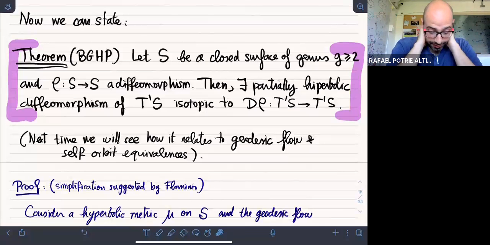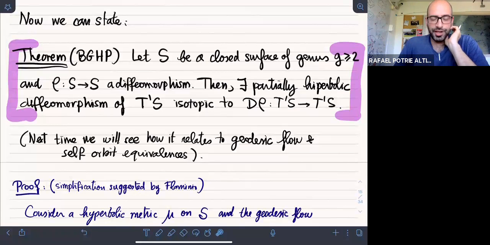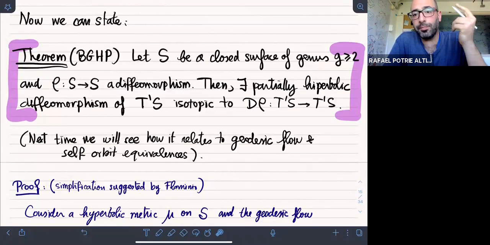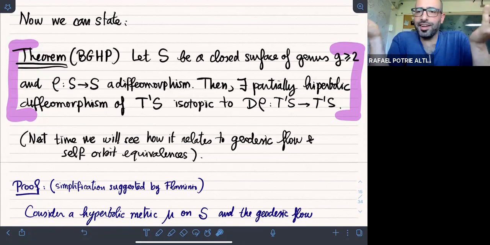No. I understand your point, and I think one of the points is that up to here, we know very little about the argument, and the other proof is less elegant and it doesn't clarify anything.